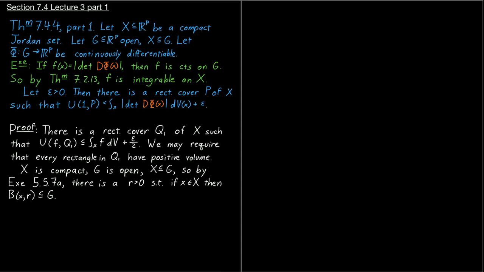And the compactness means you can get rid of the dependency on x. There's one positive radius that will work for every x in the set.